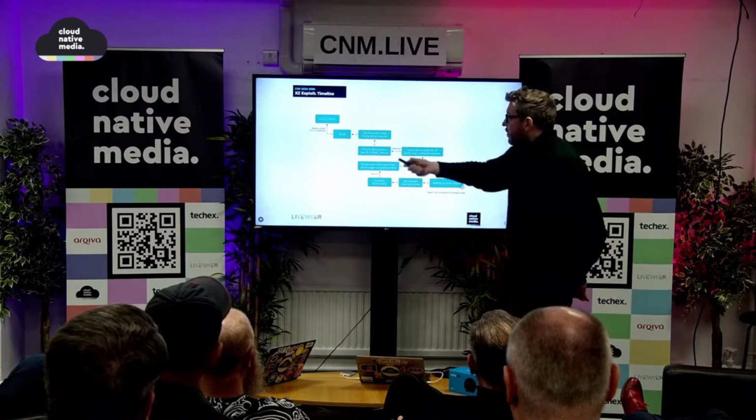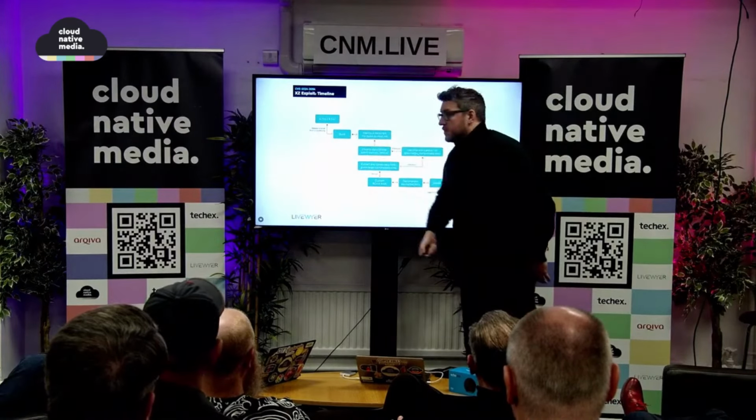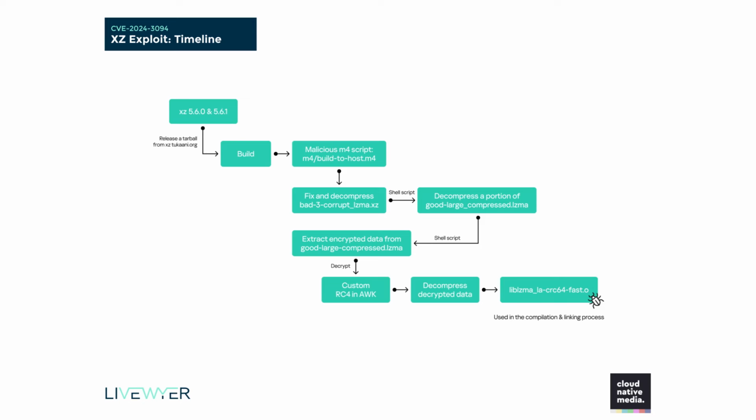So now you have a tarball that comes from the build system managed by the actor. They then pass that tarball with the malicious script to the build system. The build system runs that file. It has the line to fix and decompress bad-corrupt LZMA.